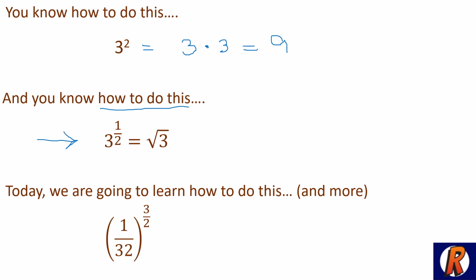3 to a rational exponent. The top number is going to be the power, and the bottom number is going to be the root. This number is always our base.